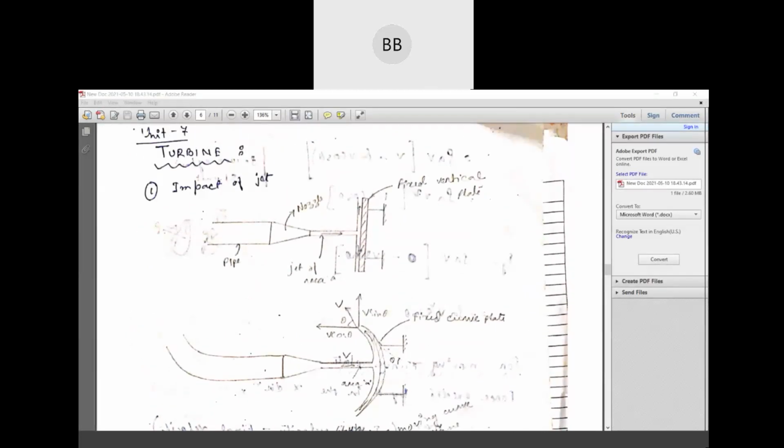So F of x for this condition is equal to rho AV, then initial velocity v in x direction minus final velocity.